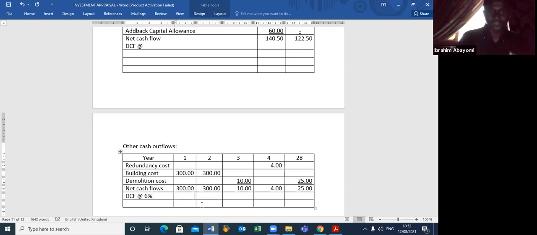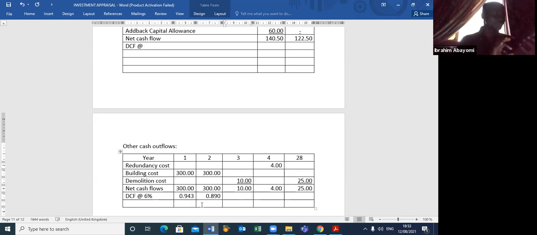6%. Year one is 1.06 raised to power minus 1, that is 0.943. Raised to power 2 is 0.890.